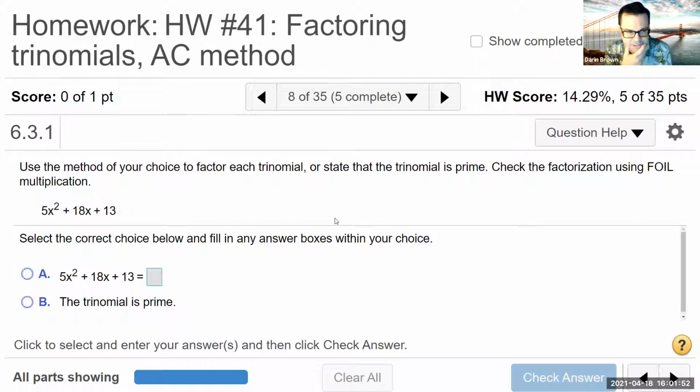Okay, now let's look at this. So this one is one that I would suggest trying guess and check, even though it's 5x squared plus 18x plus 13. So let's look at this.